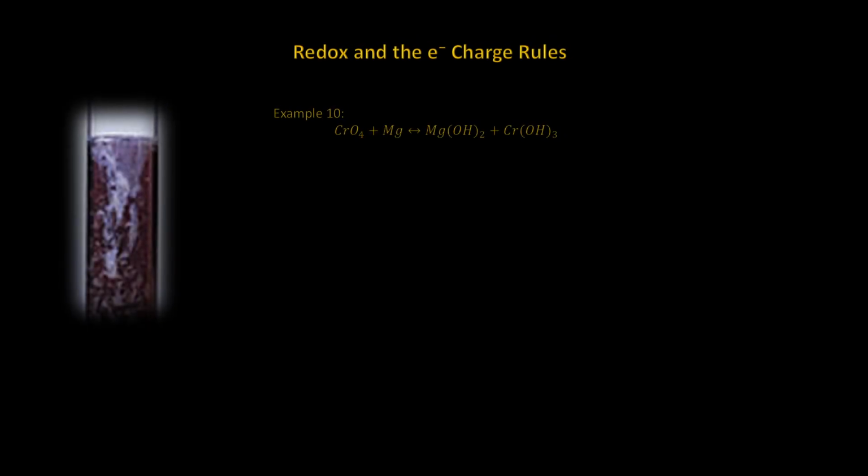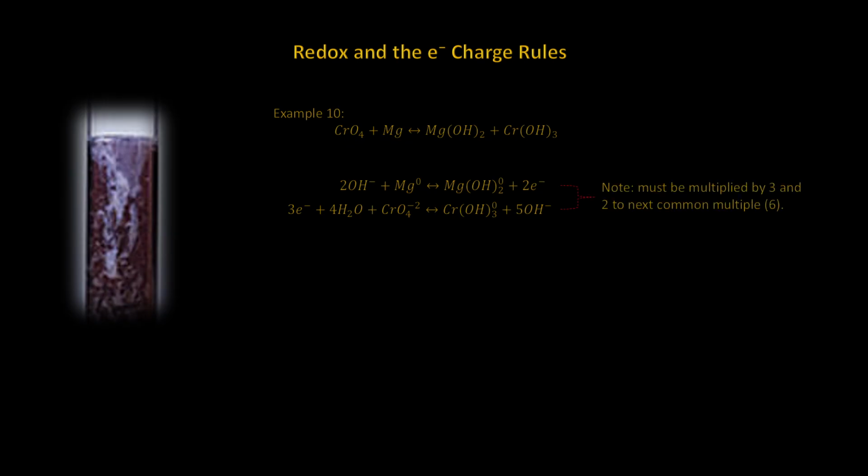Well, this is the last example for this part of the series, part 20. The water in the magnesium solution reacts with the magnesium, forming magnesium hydroxide. The chromate reacts with the water to form chromium hydroxide. The e- charges are not equal and must be multiplied to the next common multiple, which is 6.